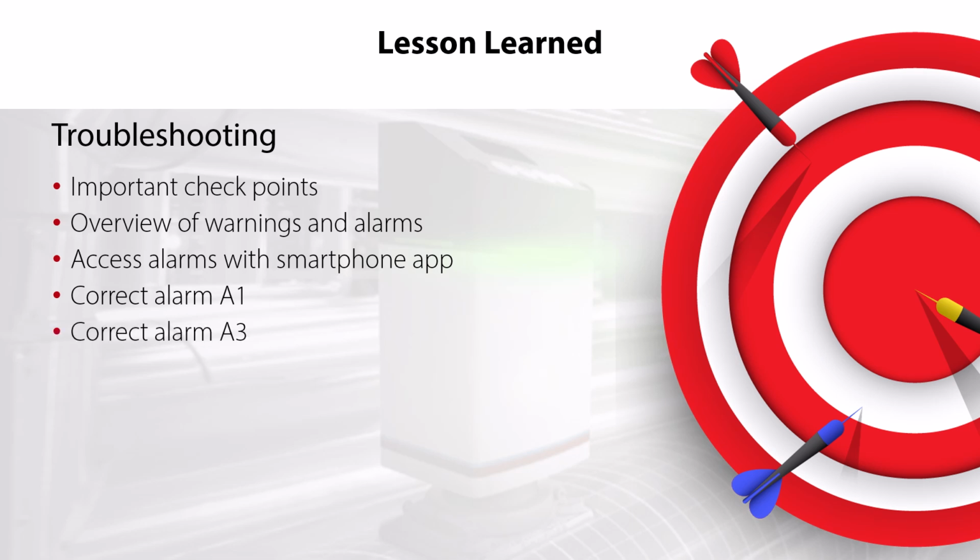You know how to correct the ICAD B alarm A3 regarding that the control signal is out of range. You know how to correct the ICAD B alarm A9 regarding that the ICAD B cannot follow the control signal. And finally, you know where to find detailed troubleshooting tips. All this ensuring an efficient ICAD B troubleshooting and ensure a correct and safe system operation.